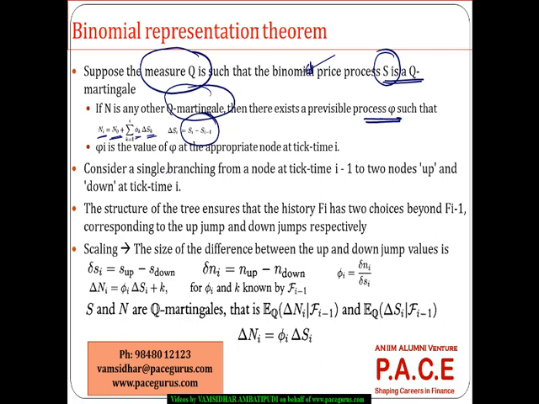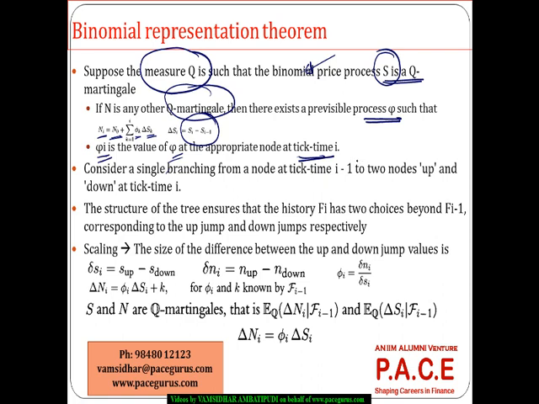So I can express N in terms of S and do the pricing for the same. That is what the binomial representation theorem is talking about. So the phi I could change, it's a value of phi at a particular time tick t. So this could be a dynamic kind of a number.